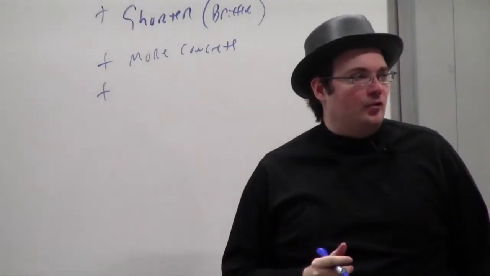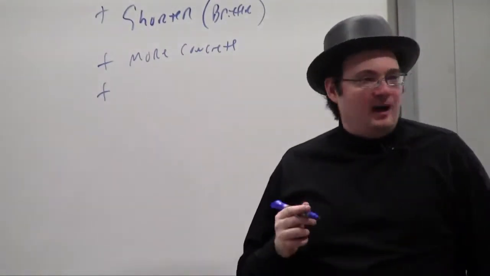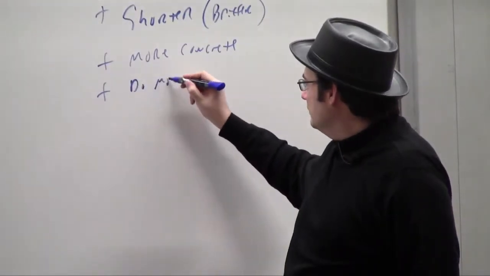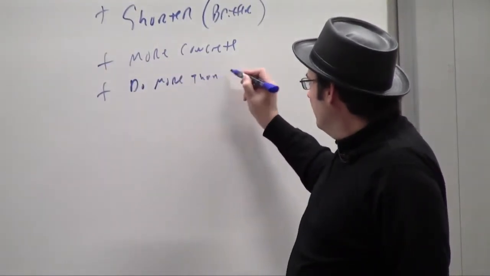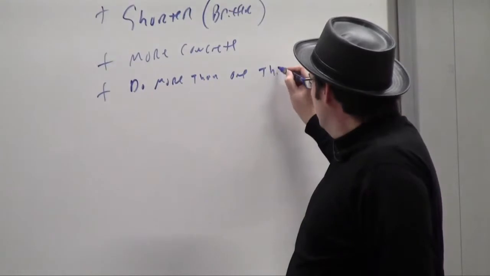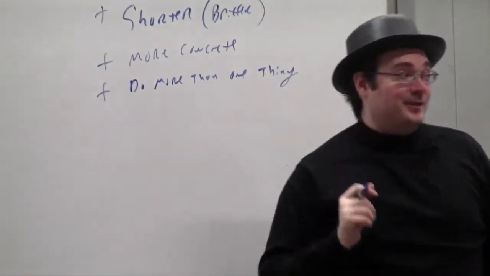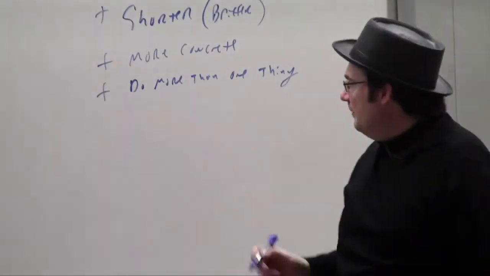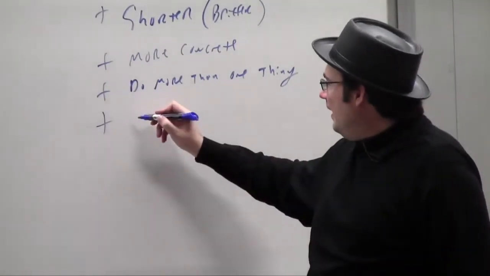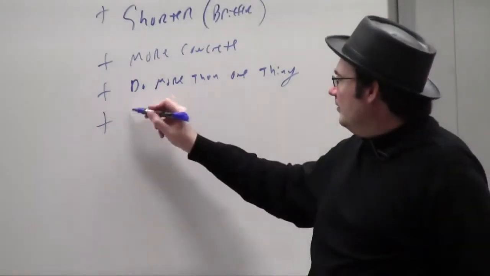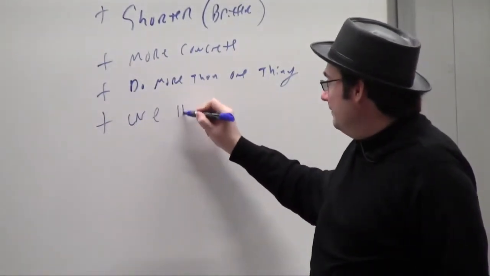And you want to focus your descriptions on things that do more than one thing. Okay? What do you mean by do more than one thing? I'll get to it. Don't worry. And let's put on here, as kind of a reminder, not really a point, we have 5 senses.